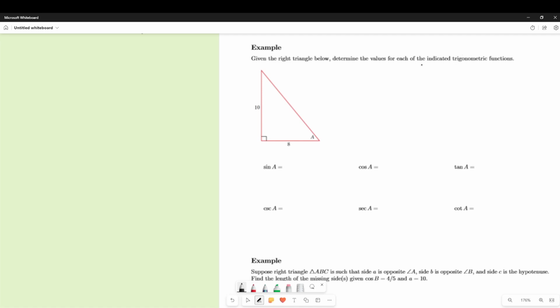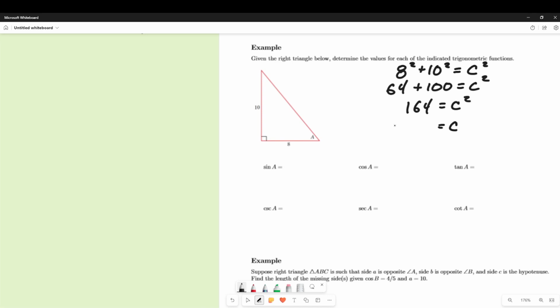So the first thing we have to do is go off to the side and say, okay, 8 squared plus 10 squared had better equal whatever that other side length is squared. So what, 64 plus 100 is c squared, so 164 is c squared.